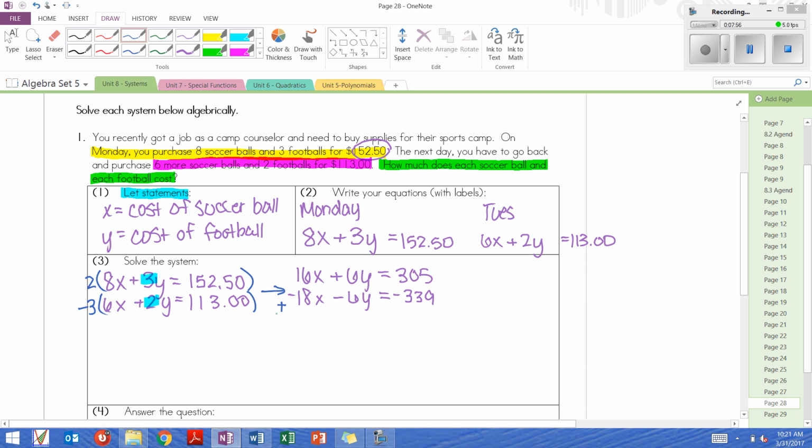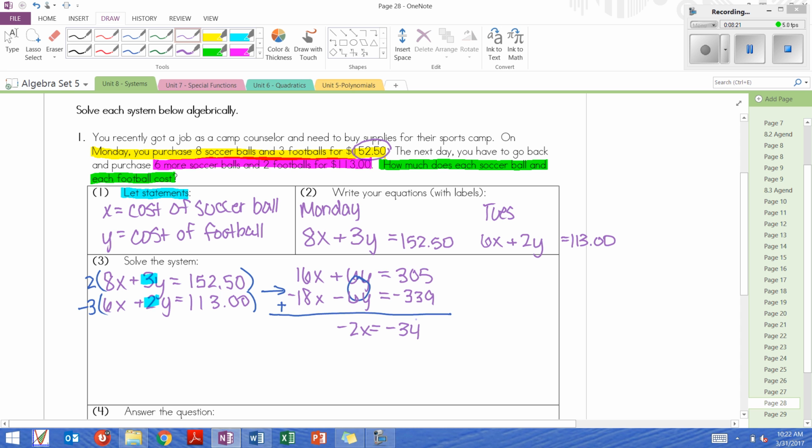Okay, so now remember, we're using elimination. We add our 2 equations together, and that's how we get the y terms to cancel out. So 16 minus 18 is a negative 2x, and then 305 minus $339 is negative 34.